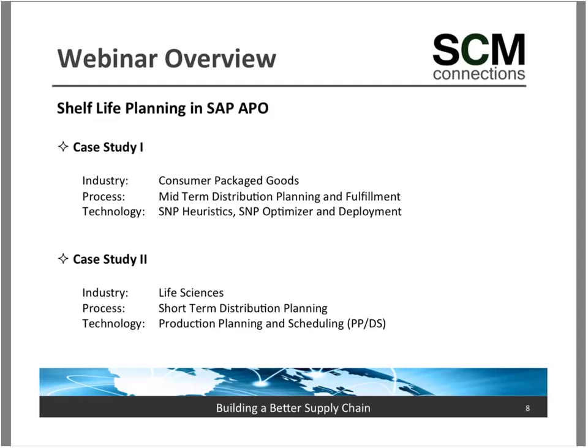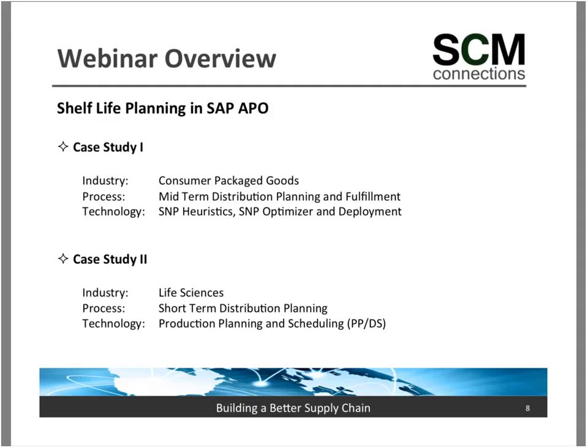So the first case study, which is what I'm going to talk through, is for a consumer packaged goods company. As far as the process goes, we were looking at utilizing shelf life within midterm distribution planning and fulfillment processes.